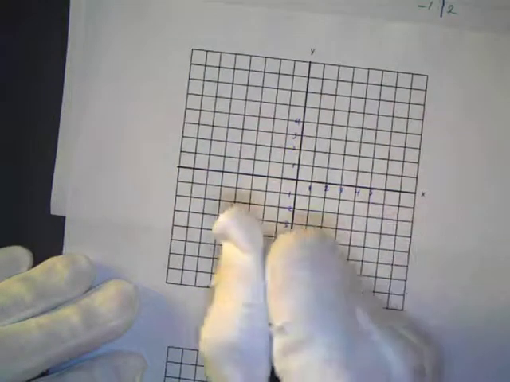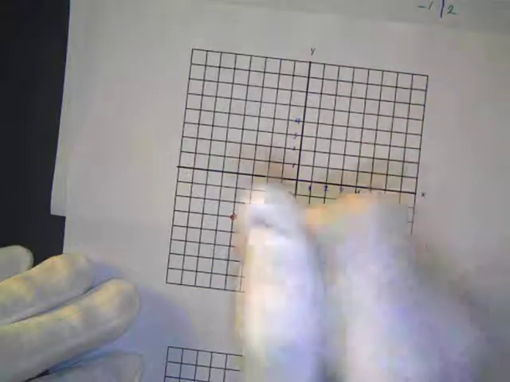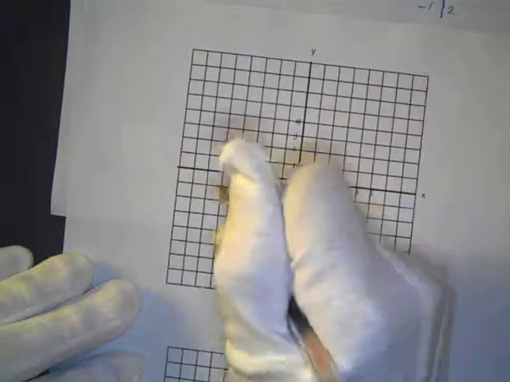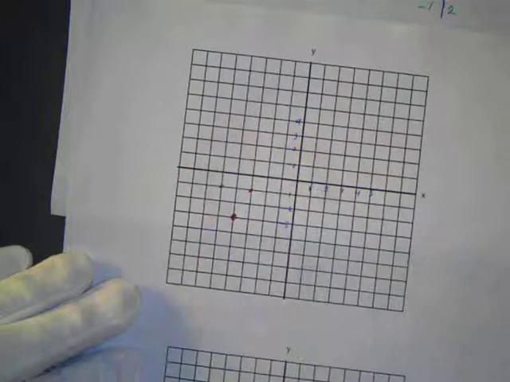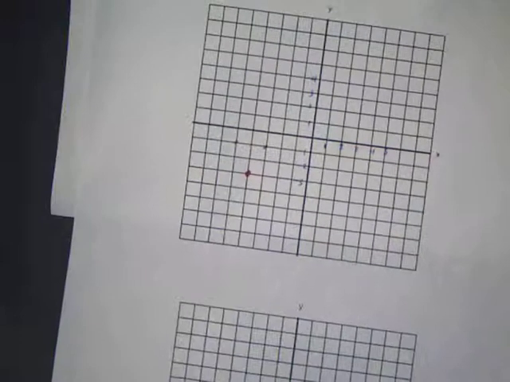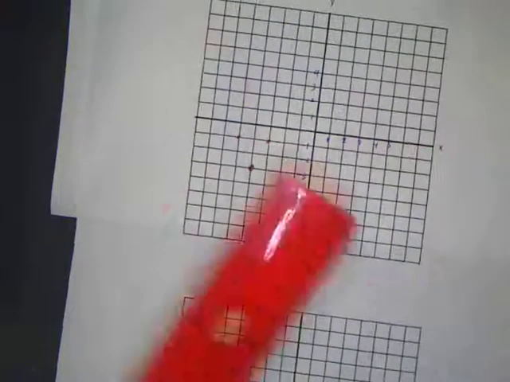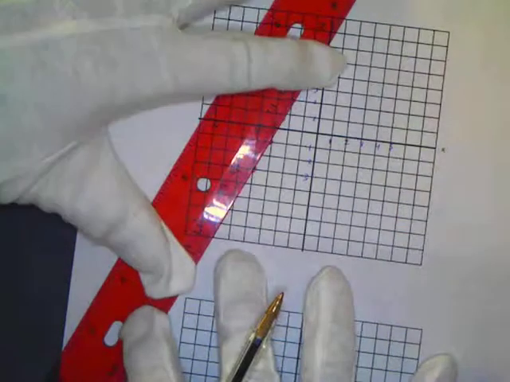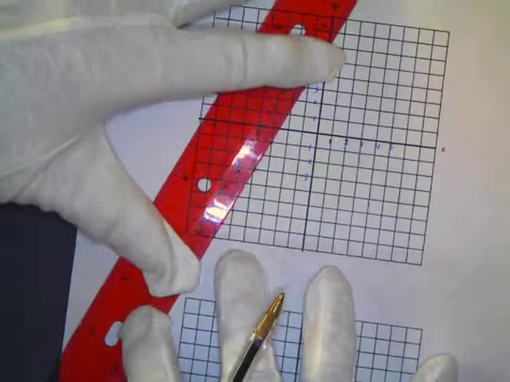Now this is my shape equation, and I just use my points, 0, 0. And then when x is 1, I go 2 up. And when x is -1, I go 2 up. And that's all I need. And then I just connect that with my trusty straight edge here.